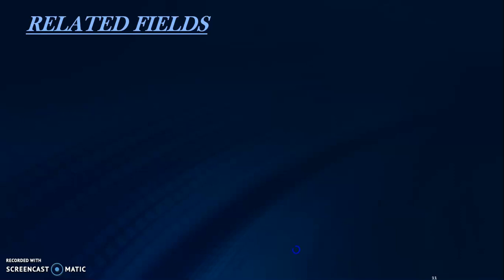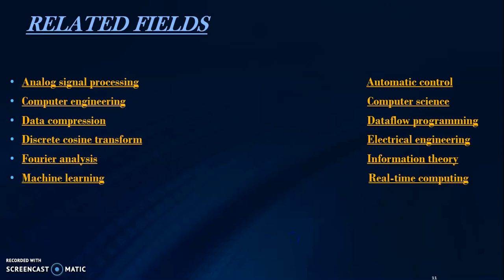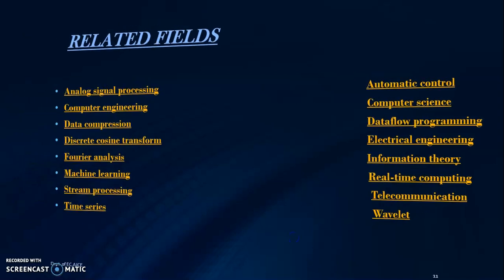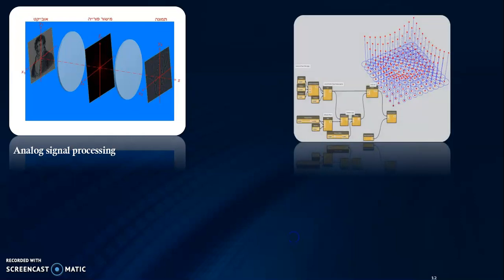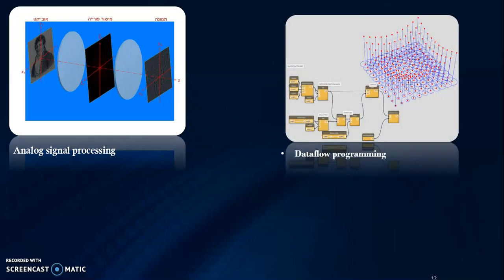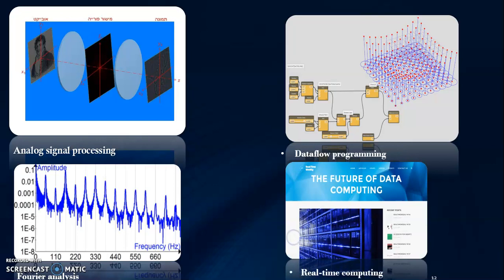And the related fields of DSP are analog signal processing, automatic control, computer engineering, computer science, data compression, dataflow programming, discrete Gaussian transform, electrical engineering, Fourier analysis, information theory, machine learning, real-time computing, stream processing, telecommunication, time series, wavelet, etc. Here are some images of dataflow programming, Fourier analysis, and real-time computing.